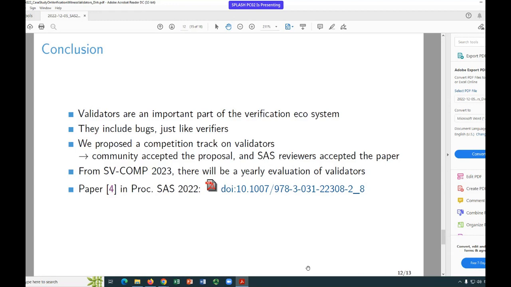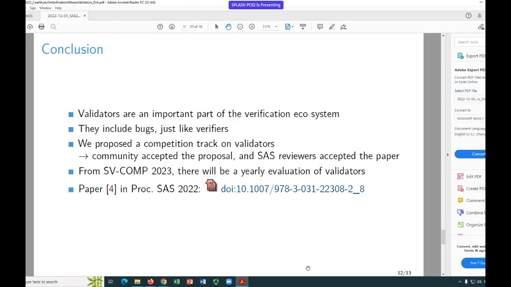Okay. I think it is very important for the validators to avoid technology bias. So we try to have validators that are based on completely different technologies. If I want to validate a witness that was produced with CPA checker, it does not make much sense to validate it with CPA checker's validator, because it is based on the same technology.